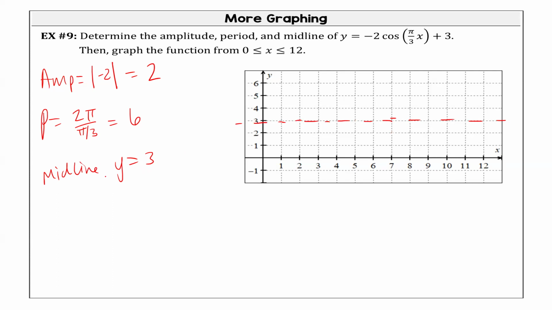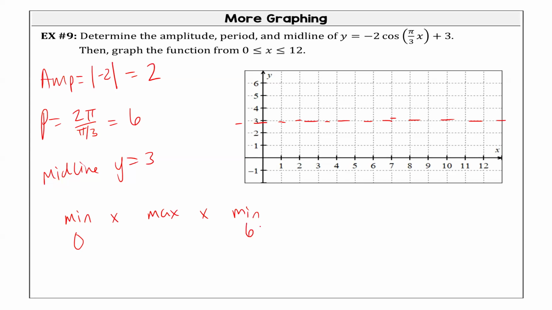Okay. So this is a negative cosine. So that means it starts off as a minimum, then x, then a max, then x, then a minimum. Where's my starting value? 0. And where do I end?